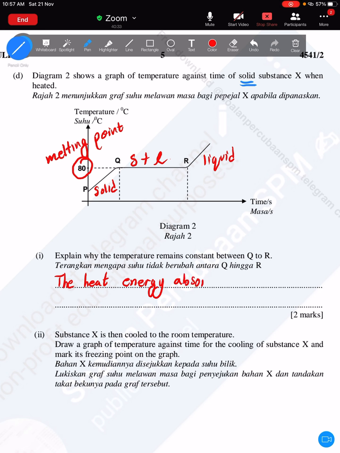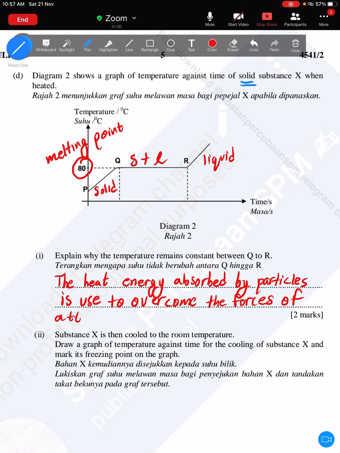absorbed by particle is used to overcome the force of attraction between particles.